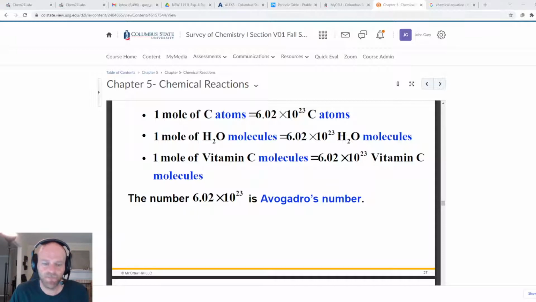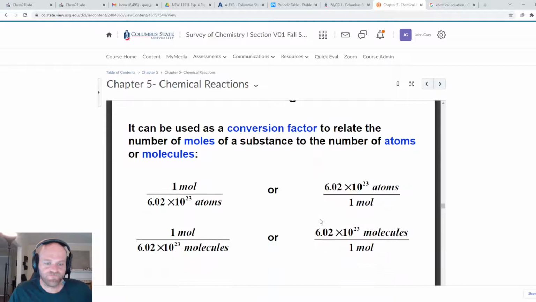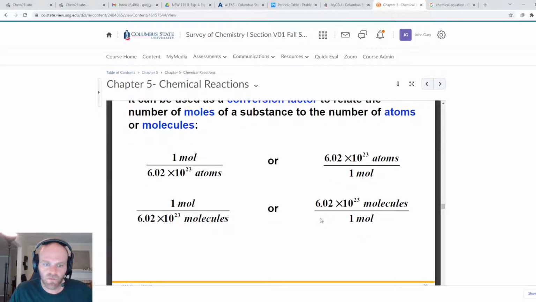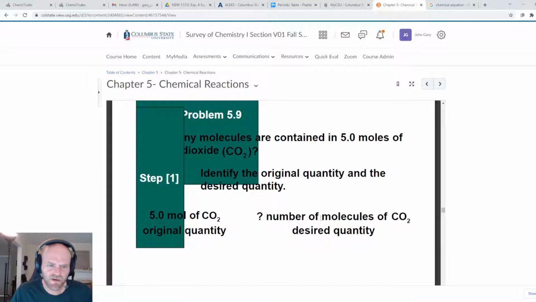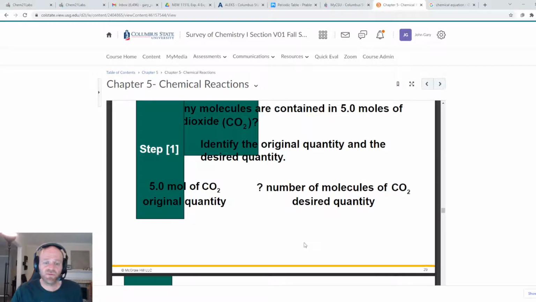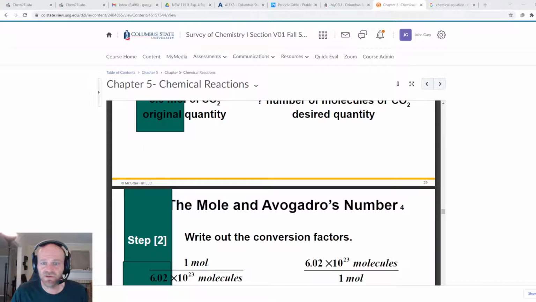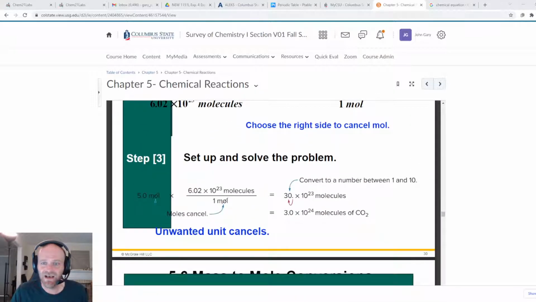Okay? That's the text. All right, these are the conversion factors, how you would set it up. How many molecules are contained in 5 moles of carbon dioxide? So I would just multiply 5 times 6.02 times 10 to the 23.